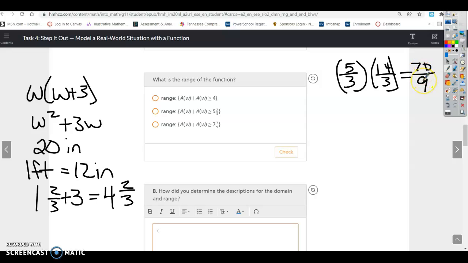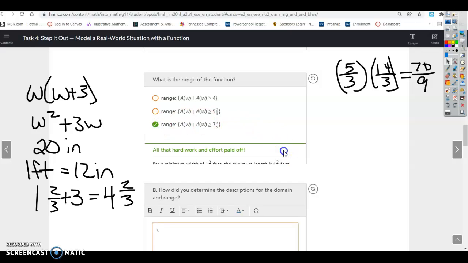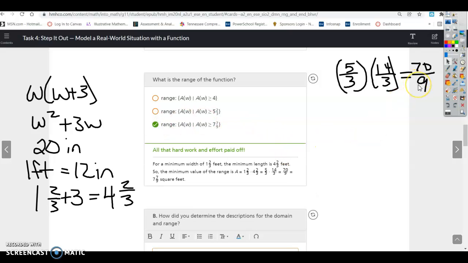So our range is also in feet. So how many feet are we talking about here? If we have 70 over 9, it's going to be 7 and 7/9. All you have to do is figure out how many times 9 goes into 70.